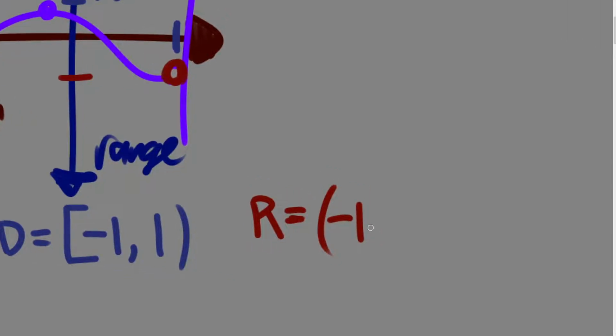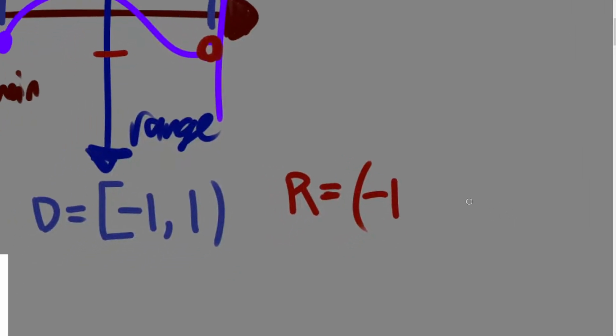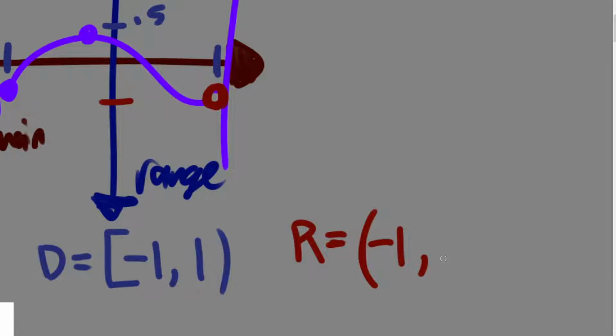Range, your graphs will be a lot easier to tell. Range will be -1 with the parentheses, because it does not include that, and then +0.5 with a bracket, because that is included. Now, say that there isn't a point right there, and it's just a line. That's still included, because the graph is a solid line. If it was dotted, it would not be included, but we won't need to worry about that for a little bit.